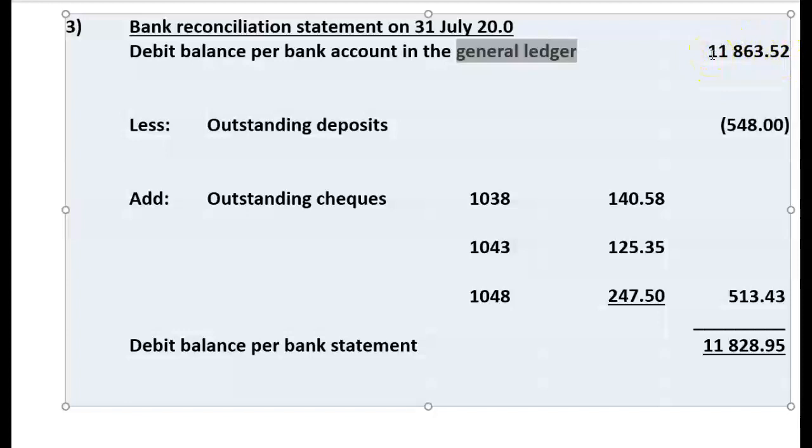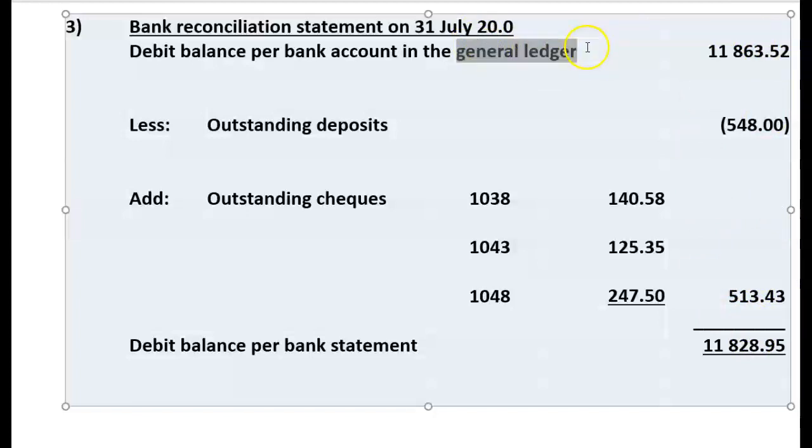So if we want to eliminate that, we have to add it back to that balance in order to make that balance the same as the bank statement balance. So we're going to add these three outstanding checks, in total 513.43, to eliminate the impact that those checks had on my general ledger account balance.